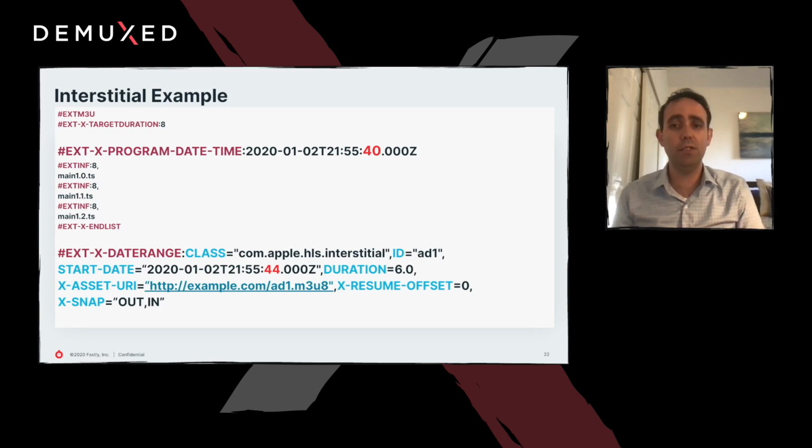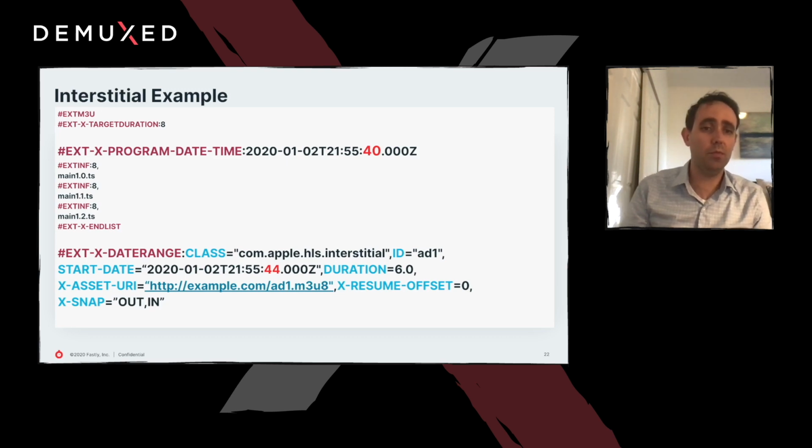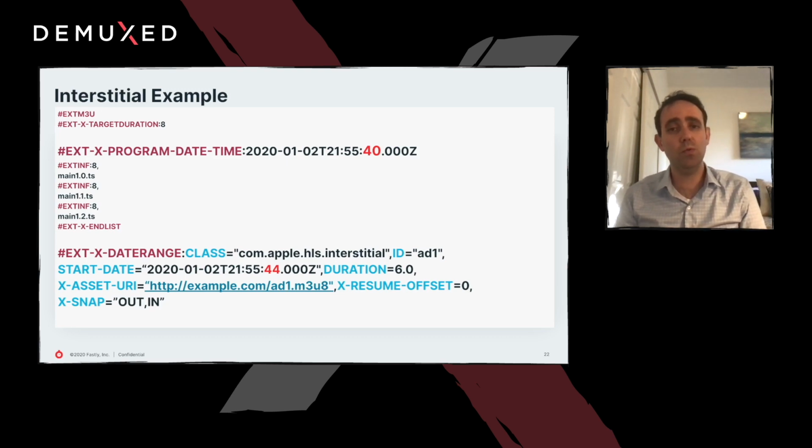Because this is a VOD use case, we specify a resume offset of 0. So in this case, we'll play 4 seconds of the first segment, and we'll then go into this ad break for 6 seconds, and then we'll resume. We also have the snap attribute specified here, which will slightly change behavior and force it to work closer around the segment boundaries.